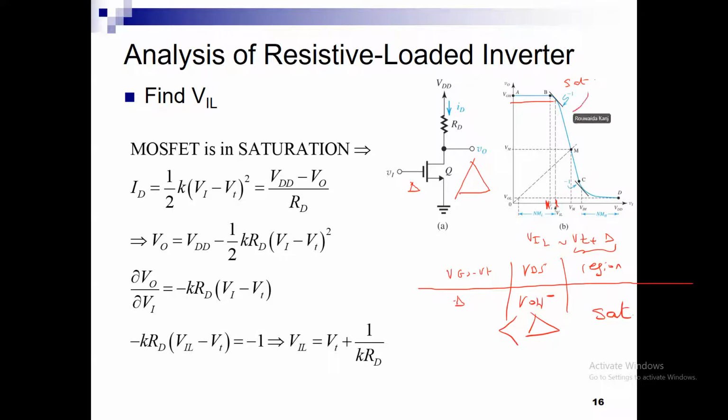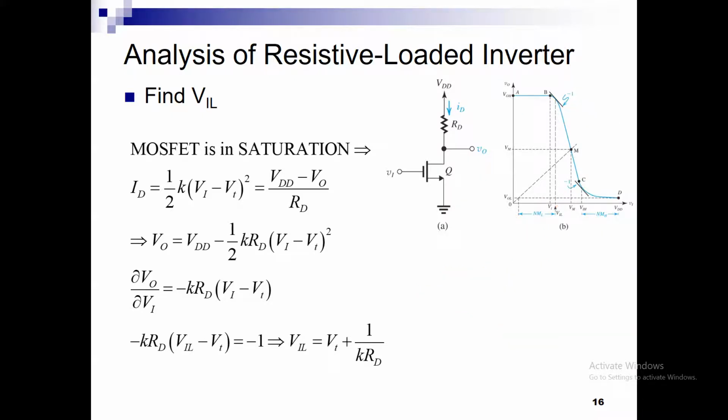From the characteristics we said saturation is here, and if you want to inspect it, this is what we will see here. Now the issue with VIL is that it has more unknowns than I can handle or solve.